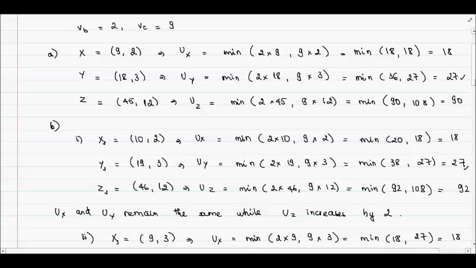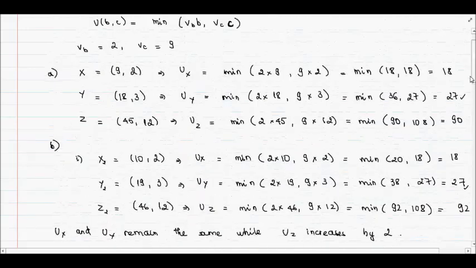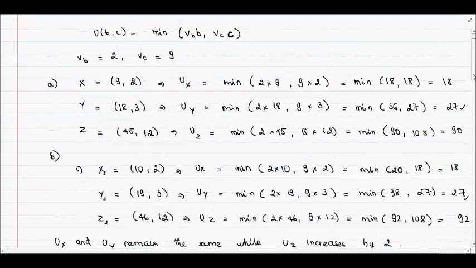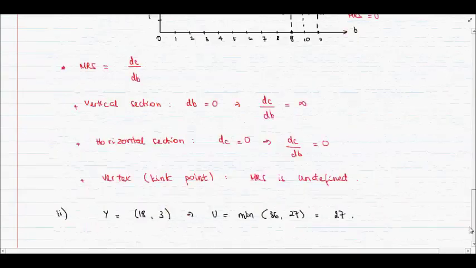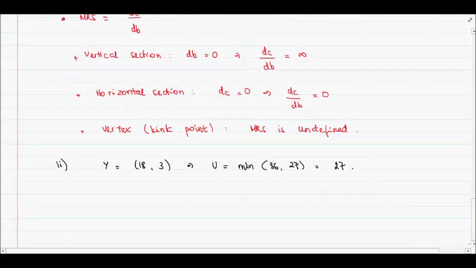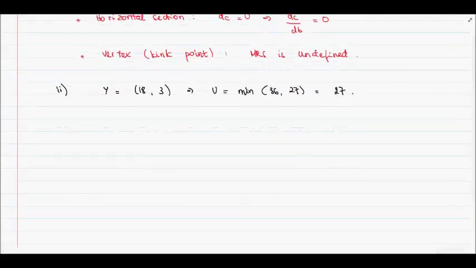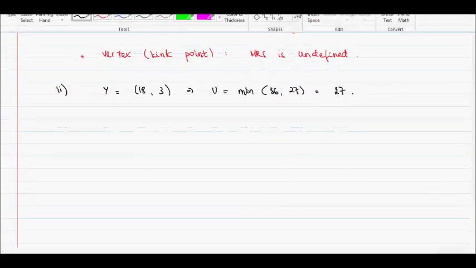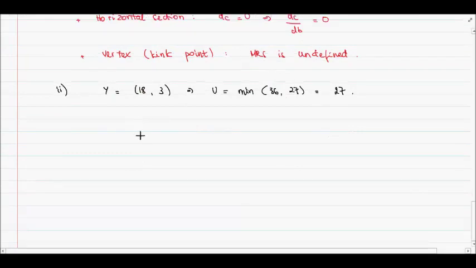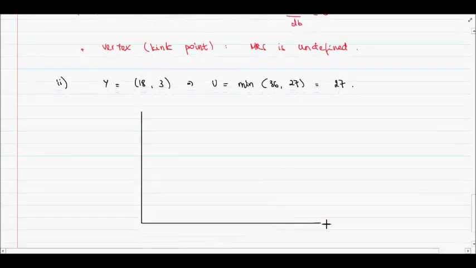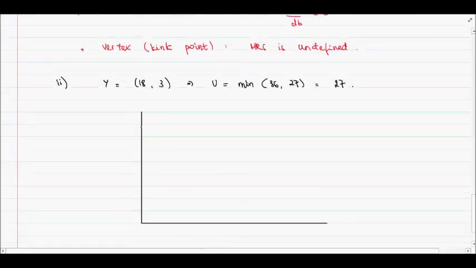So I'm going to draw that on a diagram first. Bundle Y includes 18 units of bread and 3 units of cheese. I would have a little diagram over here. On the vertical I have cheese, and on the horizontal I have bread, 0.